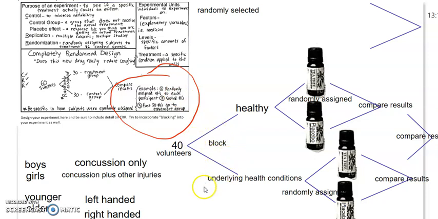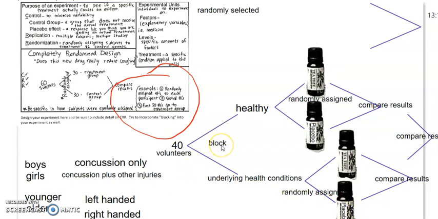So that's called blocking. It's very similar to stratified, a grouping method used in random selection for surveys, but this is in an experimental term called blocking.